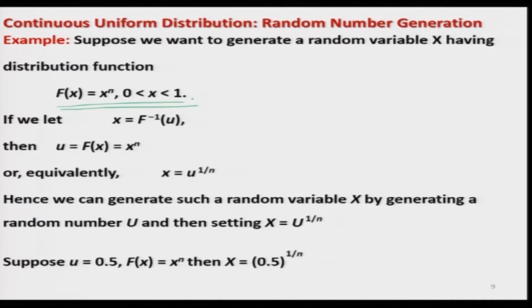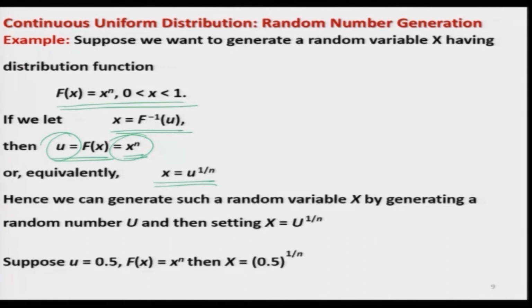We want to generate random numbers for this random variable X. Suppose we say X is equal to F inverse of U, then U is equal to F(x), and F(x) is x raised to the power of n. Using this result, U is equal to x raised to the power of n, so I can write x is equal to u raised to the power of 1 by n.